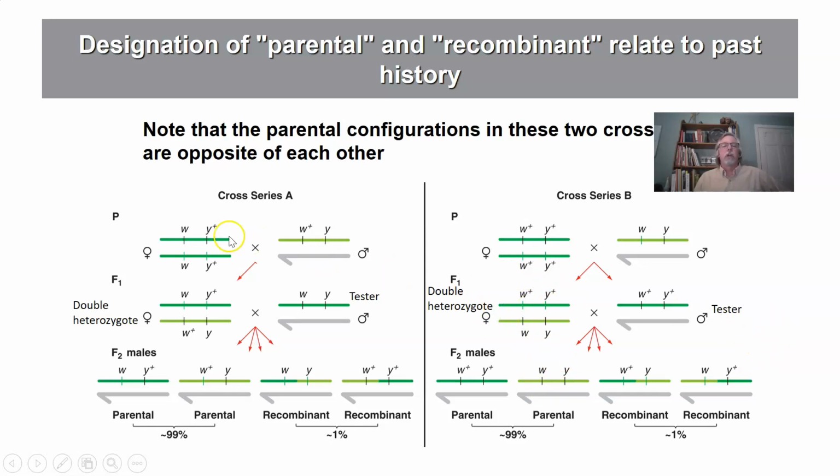Okay, so these are two different ways to set up a dihybrid test cross, one with alleles in trans, one with alleles in cis. The main results of the test cross would be the same. You would conclude these genes are linked and have a recombinant frequency of 1%. However, the details are different.